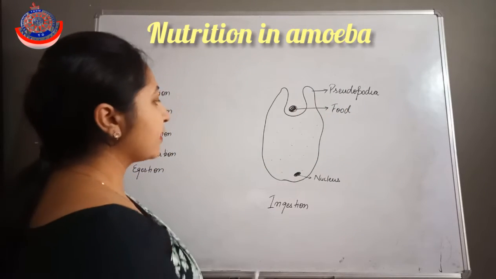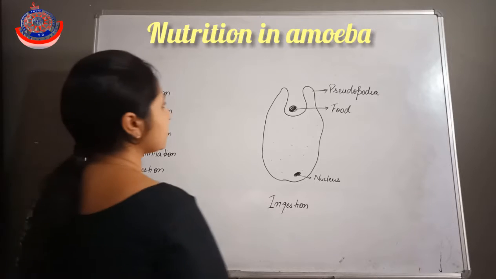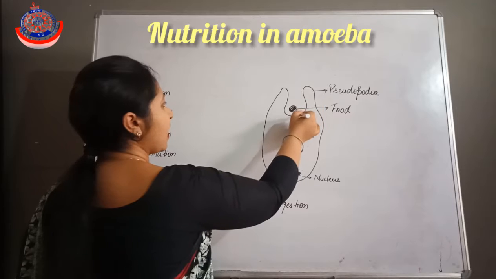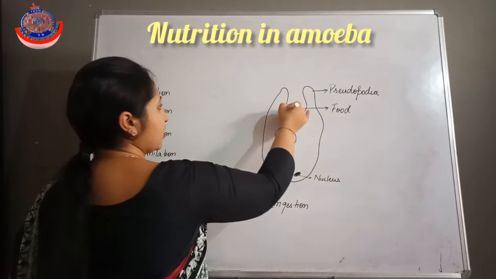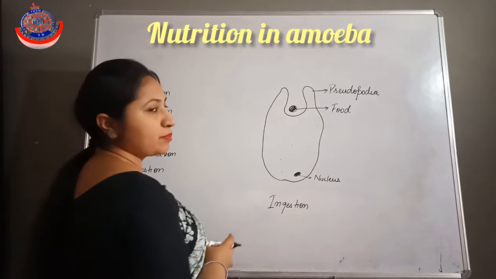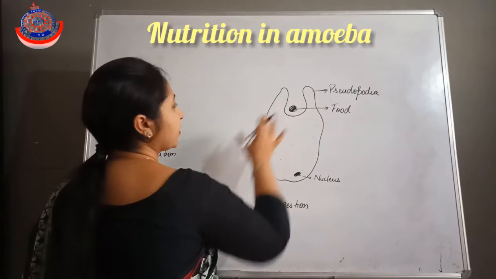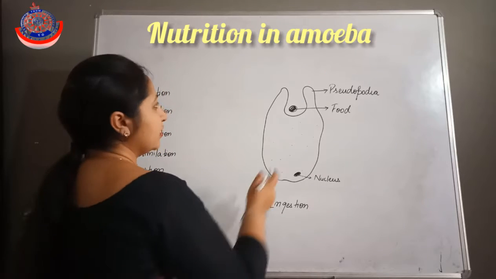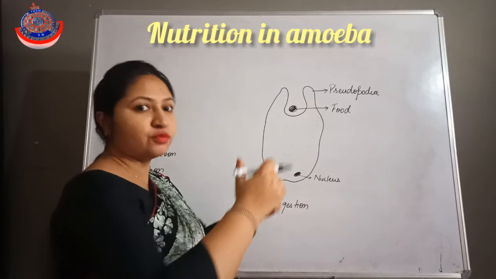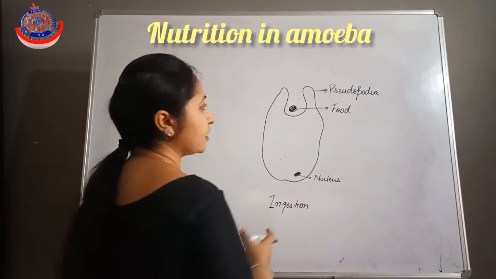So this diagram is showing the ingestion process. Here you can see that the amoeba, by extension of the plasma membrane, forms pseudopodia, which are finger-like projections. These finger-like projections are temporary, and they engulf the food that is present nearby.